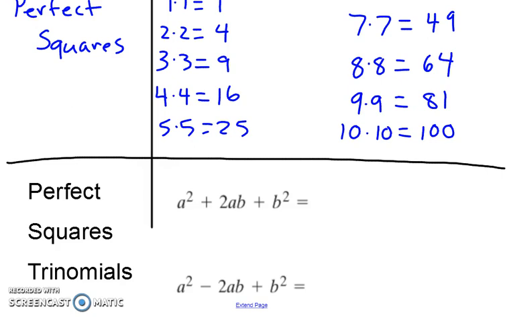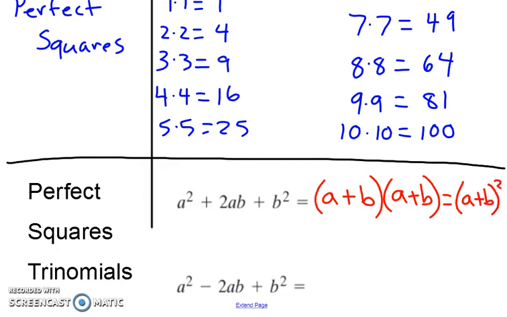And the first one is a squared plus 2ab plus b squared. And that is going to be set equal to a plus b times a plus b. And a lot of you know that already too. We can write that as a shorthand as a plus b squared.